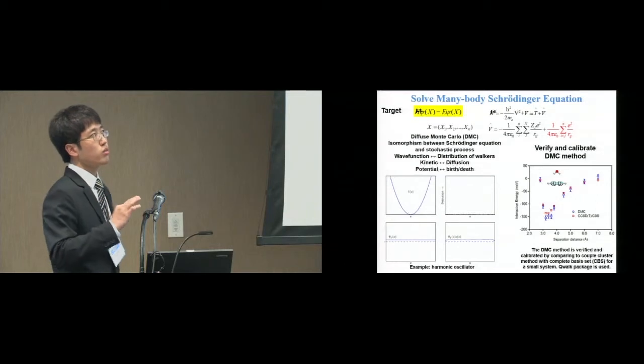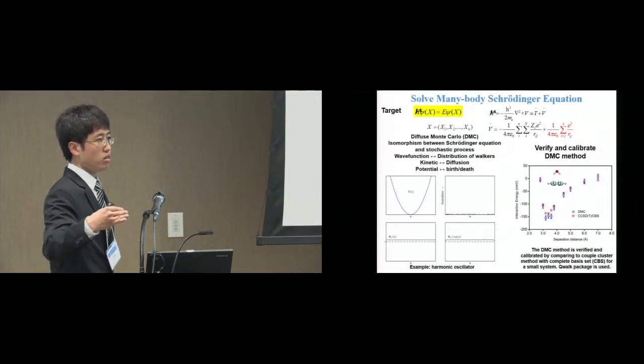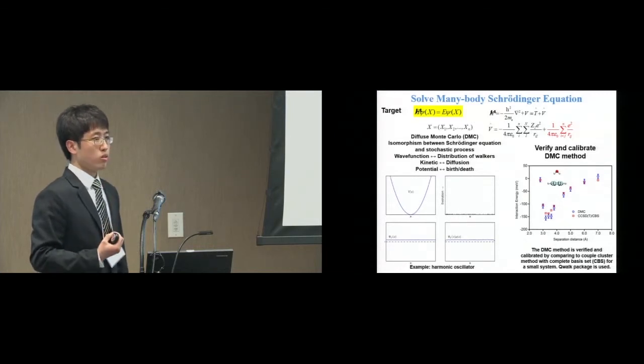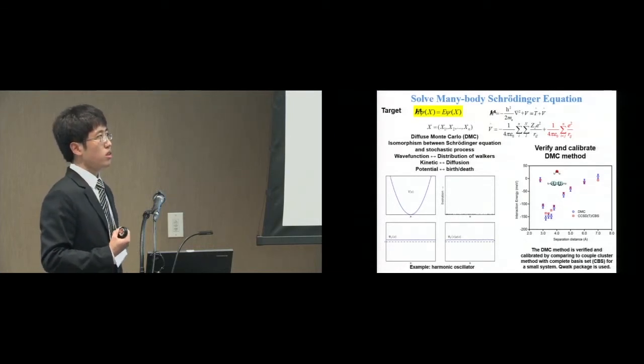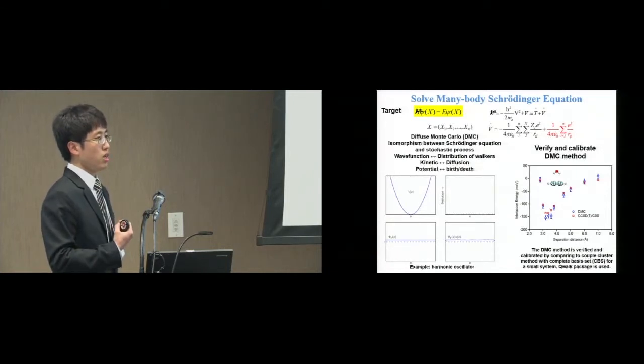It's for the same reason that density functional theory usually underestimates the binding energy. So definitely we have to go beyond density functional theory. The method we are going to use is called the diffusion Monte Carlo method. It's a technique that tries to solve the Schrödinger equation using a Monte Carlo scheme.